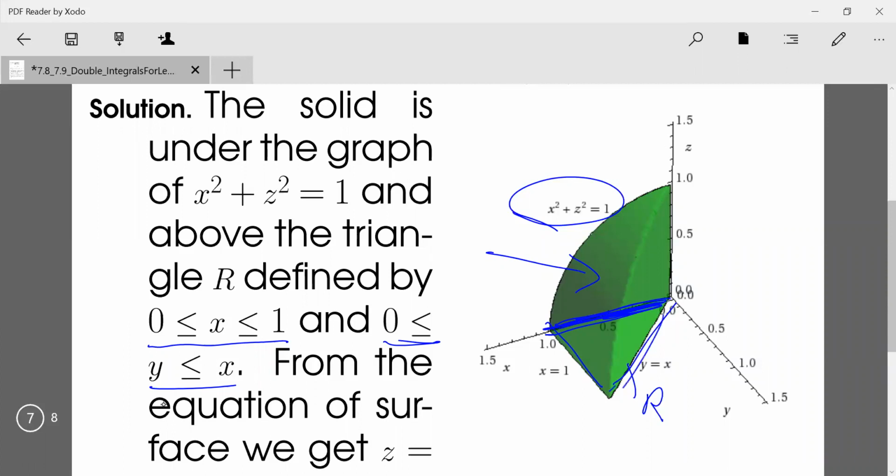So that's our R. It's really a right triangle, with sides 1, 1, and this side is root of 2.